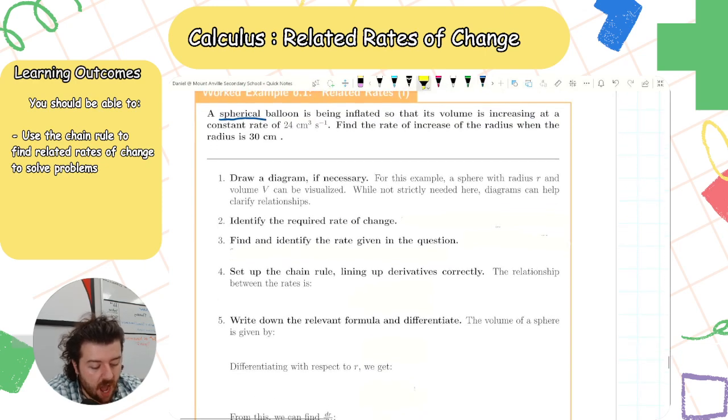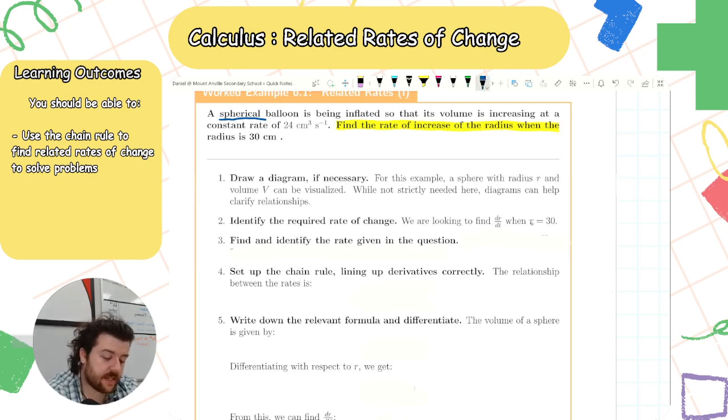Now, identify the required rate. The rate I'm required to find is the rate of increase of the radius, so how fast the radius is increasing. Well, that is just dr/dt. We're looking to find dr/dt when r is equal to 30. Now let's identify any rates hidden in the question.